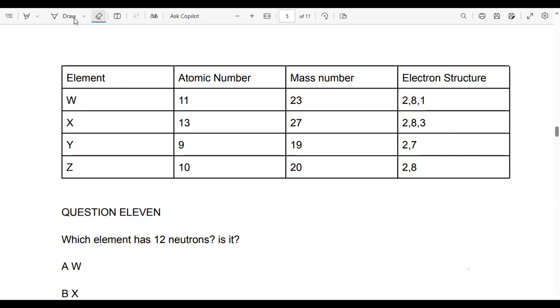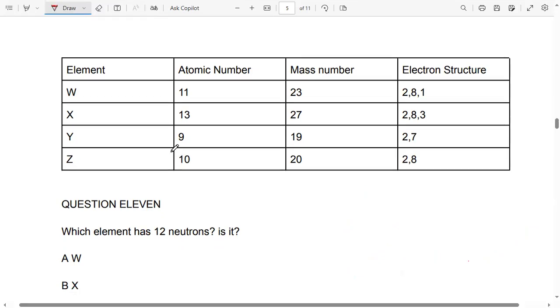Okay, so from here we can see that Y and Z are in the same period. Why? Because they both have 2 electron shells. This is shell 1, this is shell 2.